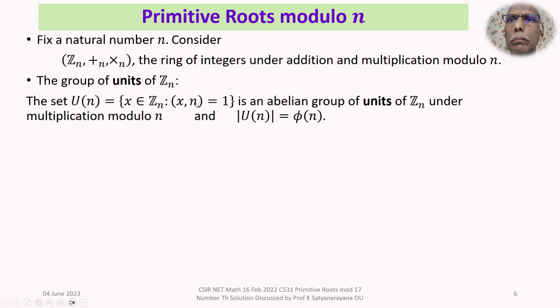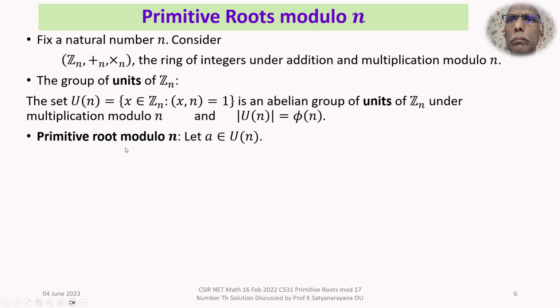So U(n) consists of units, and this forms an abelian group under multiplication modulo n. This is a very well known group in group theory, and we know the order of U(n) is phi(n), where phi is Euler's phi function.